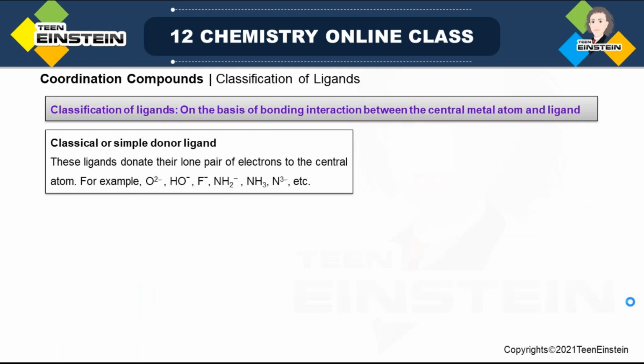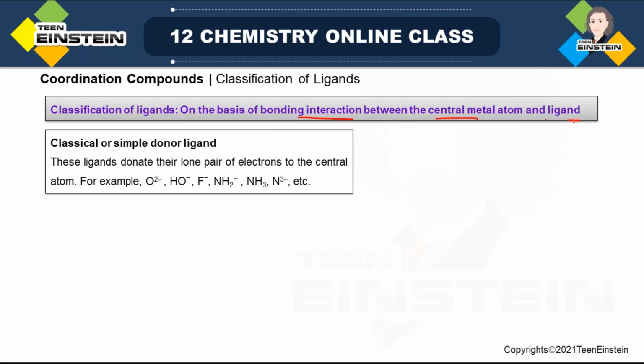Next classification of ligands will be on the basis of the bonding interaction between the central metal atom and the ligand. Until now, when we discussed classification of ligands, we have not used the metal. No metal orbital or interaction was talked about.